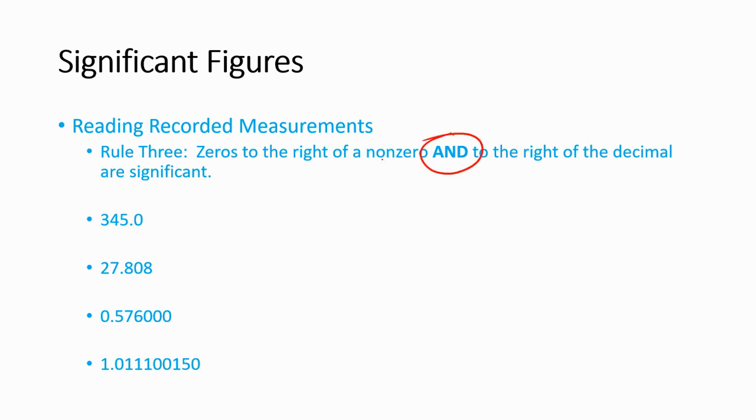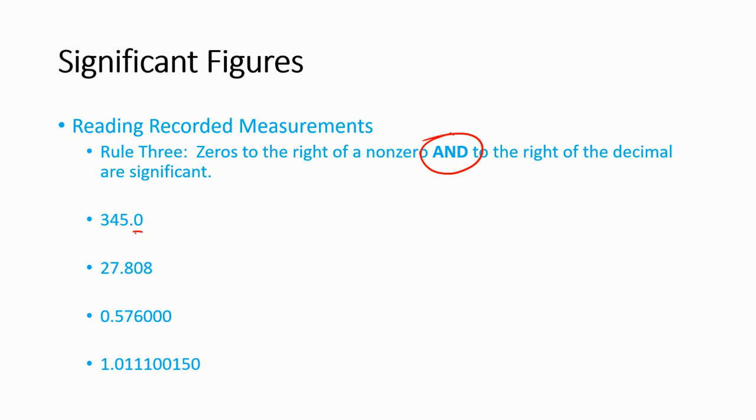So this "and" is certainly the most important connecting word in that sentence. For a zero that is following the decimal place, it also needs to follow a non-zero as well in order to be significant.